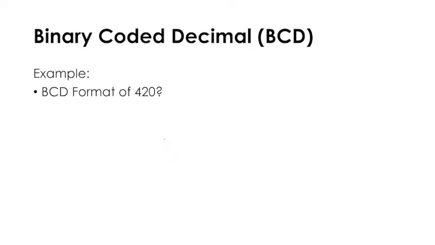So for the first example, let's try to get the BCD format of 420. So let's have the 8421 table here. For the first digit, we have 4. It is simply 4. So we will have a BCD 0, 1, 0, 0.